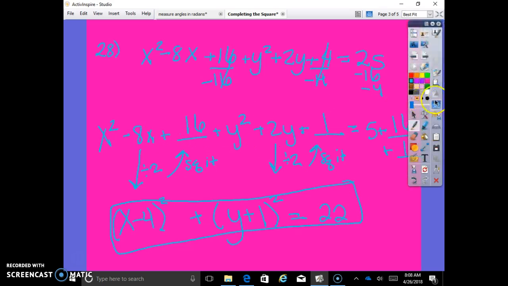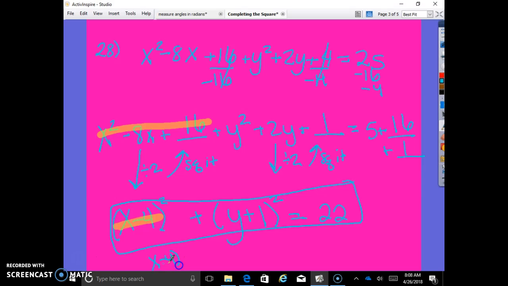Why is this able to work? Well, if you're looking right here, think about it. If I took x minus 4 times x minus 4 and FOILed it out, I'd have x squared minus 4x, which adds to minus 8x, plus 16.